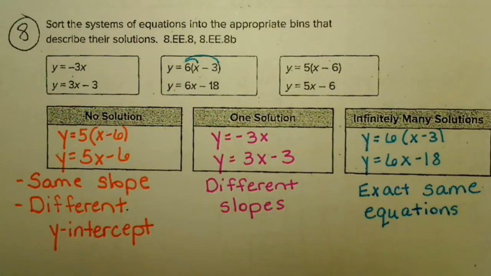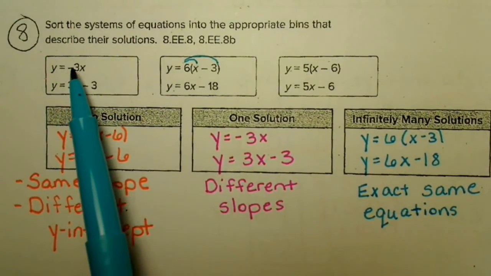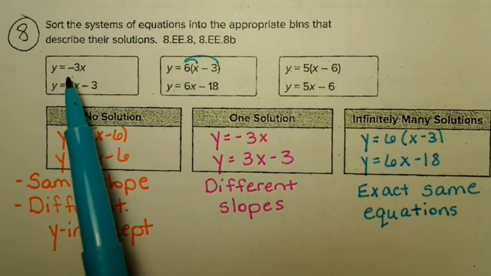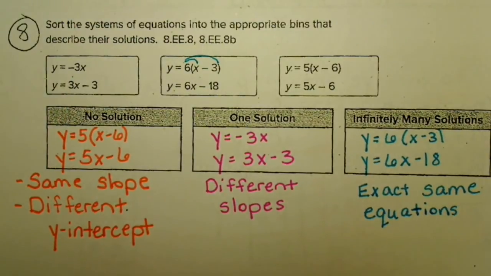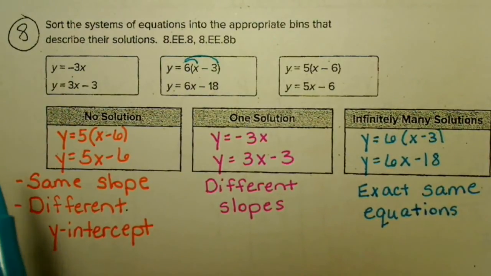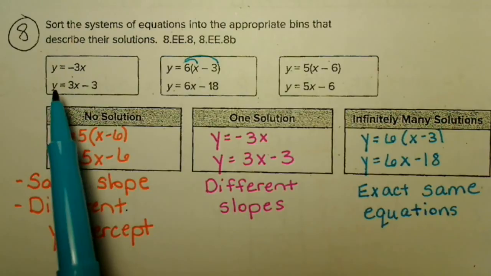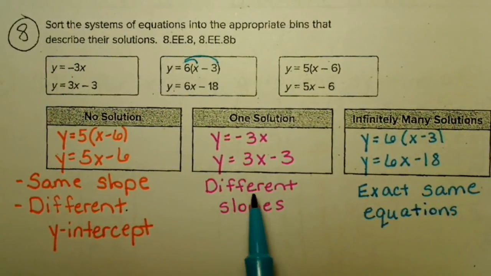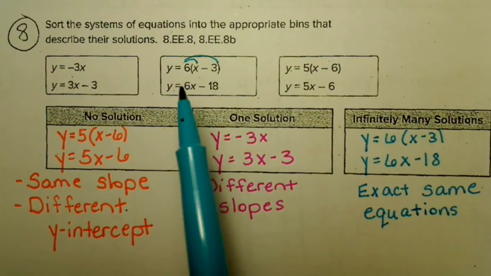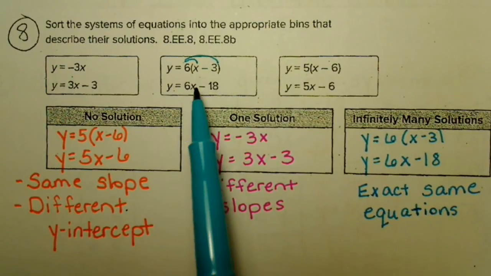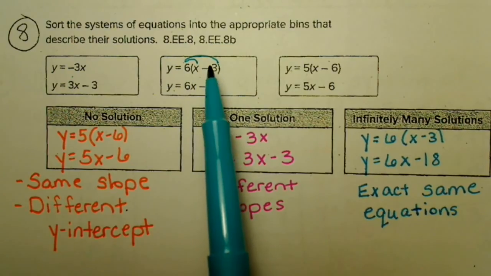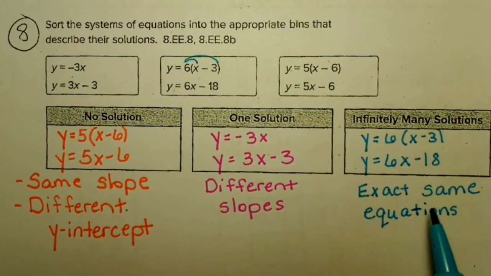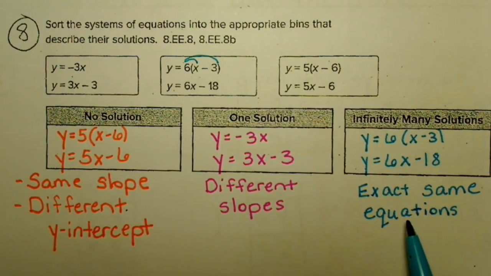So these two problems have different slopes, different constants, excuse me, different coefficients, so they are going to go into one solution, different slopes. If they are exactly the same, like this one is going to end up being when you do the distributive, then that means infinitely many, because they're exactly the same.